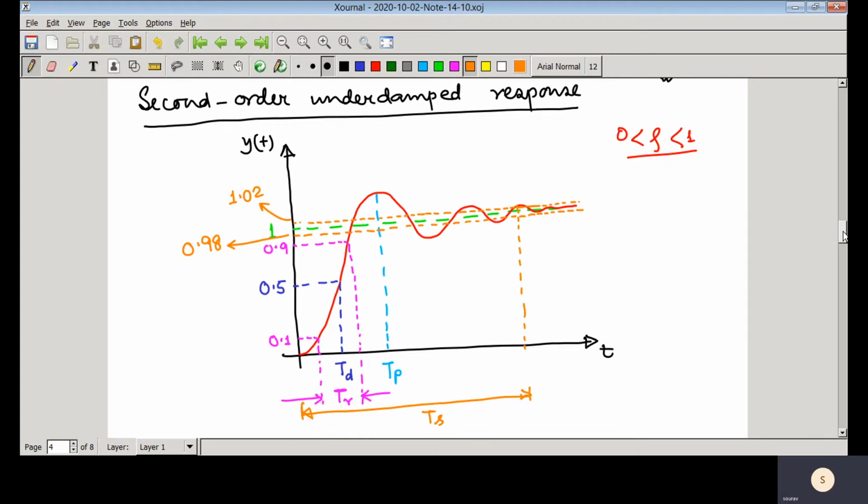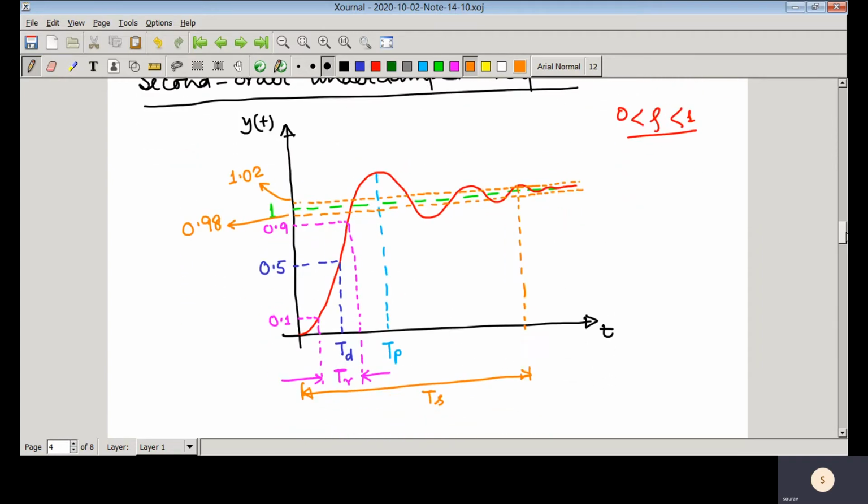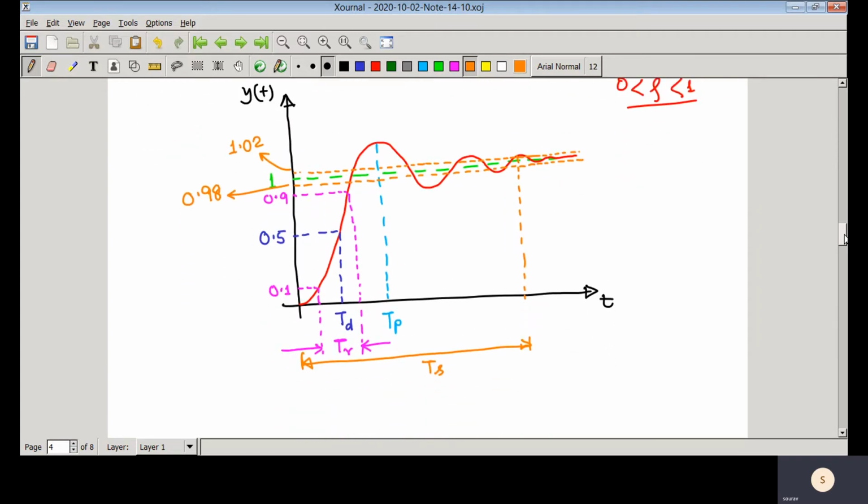So in case of this second order system time response, we define some terms, and those are delay time, rise time, peak time, and settling time. These 4 terms are used to characterize the time response of a normalized second order system.